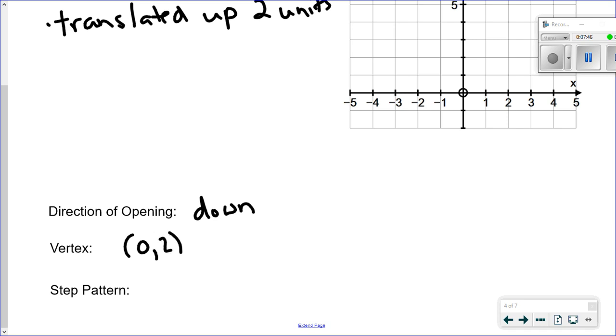And our step pattern in this case, since A is a negative number, the step pattern still holds down.